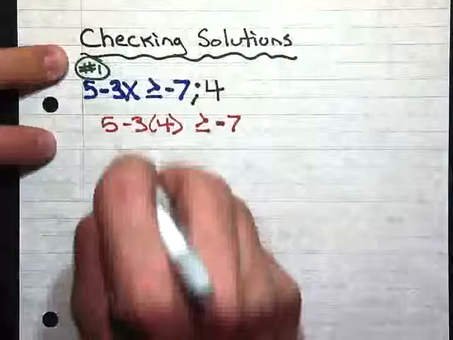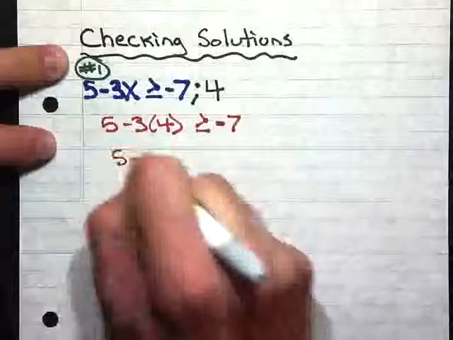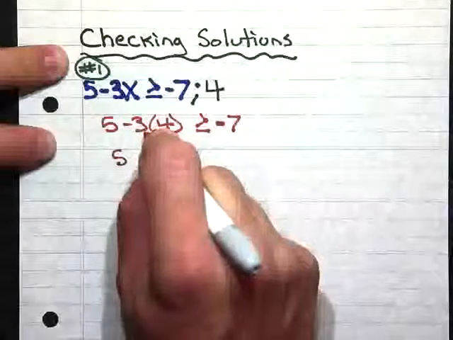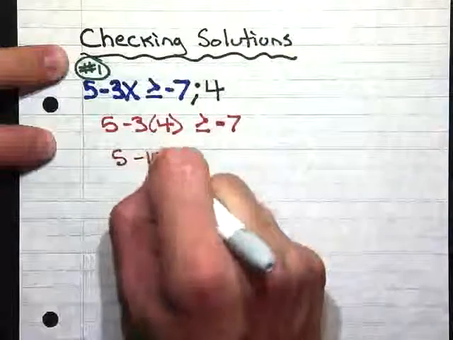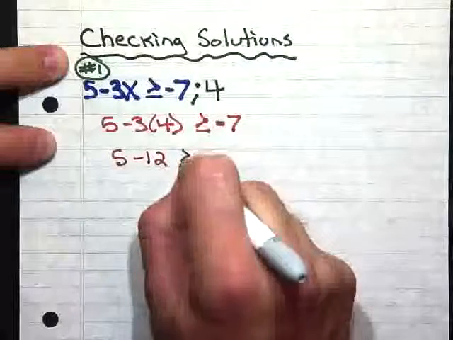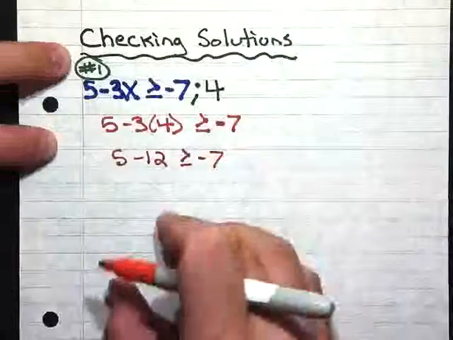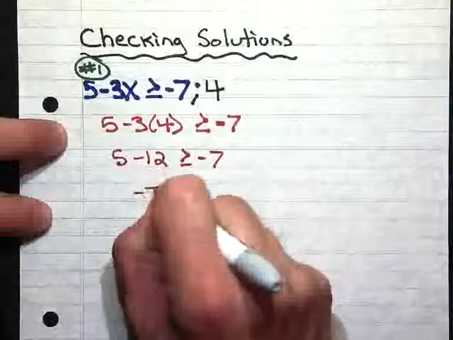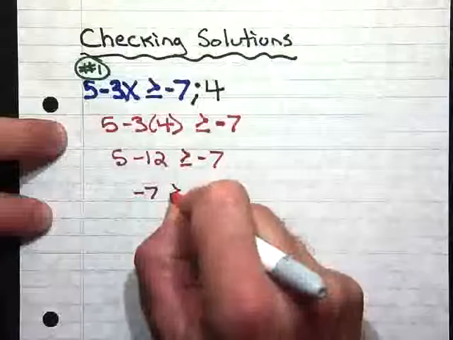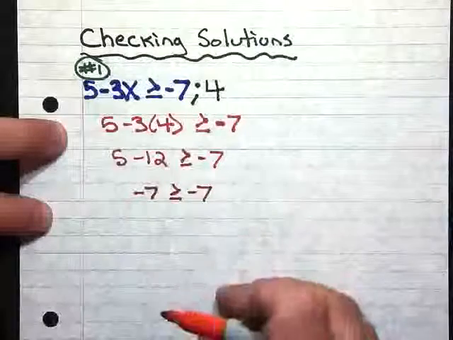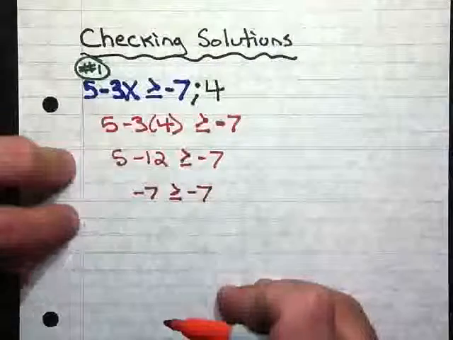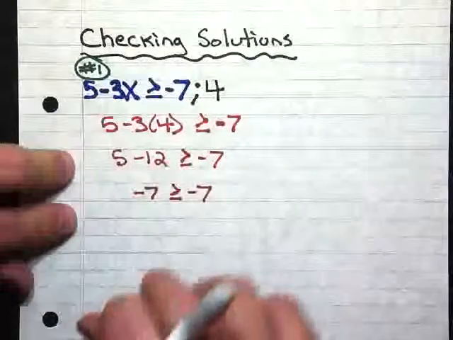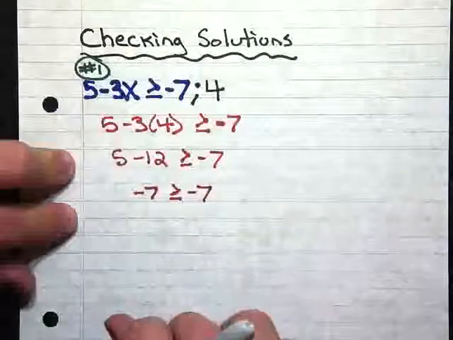Well, when we simplify this down even more, we get 5, negative 3 times 4 gives us negative 12, is greater than or equal to negative 7. And then 5 minus 12 gives us negative 7 is greater than or equal to negative 7. Notice all I did was simplify one side of my inequality.